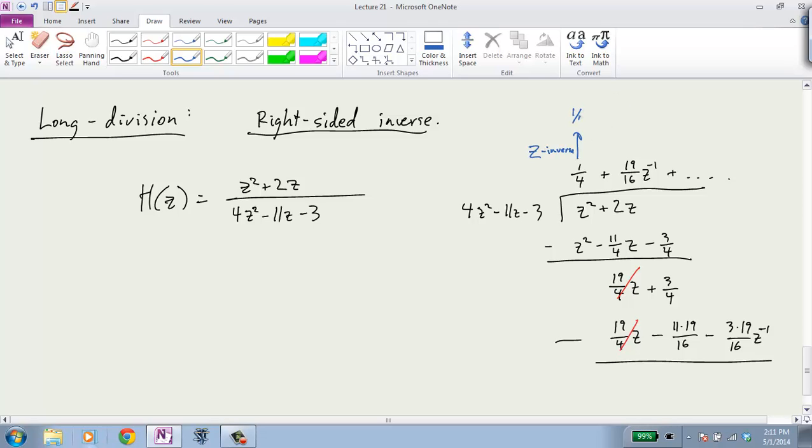That's just 1/4, and this transforms to 19 over 16, hold on, what am I doing? Nope, delta, that's what I mean. Delta of n minus 1, and this one's a delta n. That makes more sense.